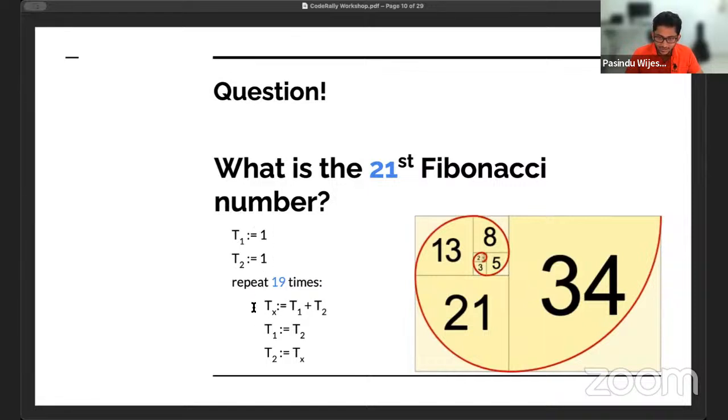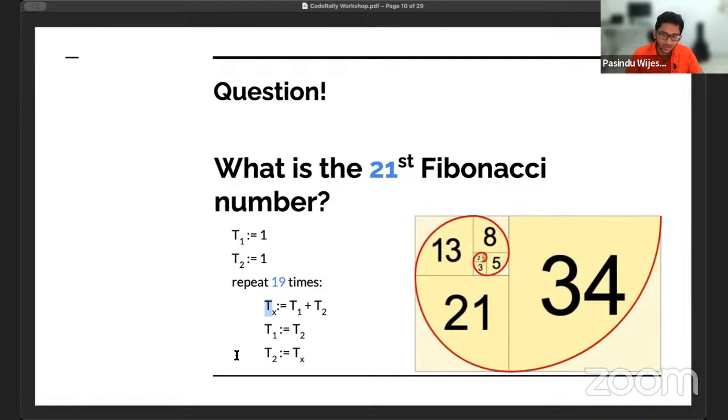At each iteration, we have a temporary variable X where we set the summation of the previous two Fibonacci numbers, T1 and T2. And then we do a swap operation where we move the value stored in T2 to T1 and then store X in T2.